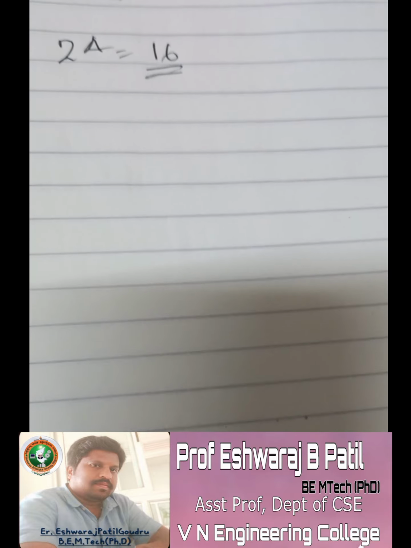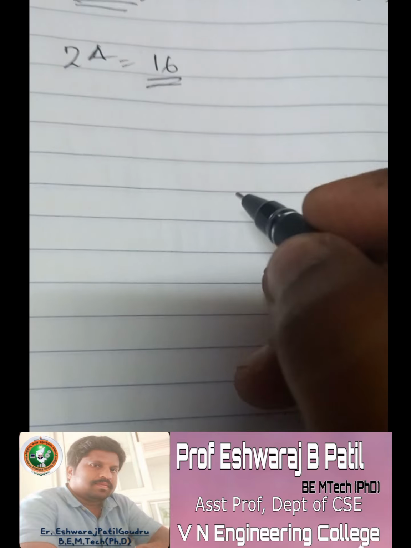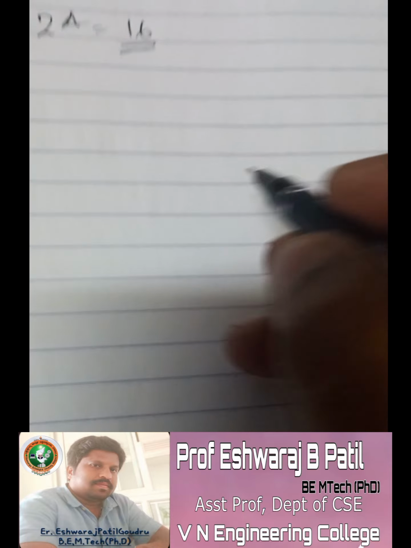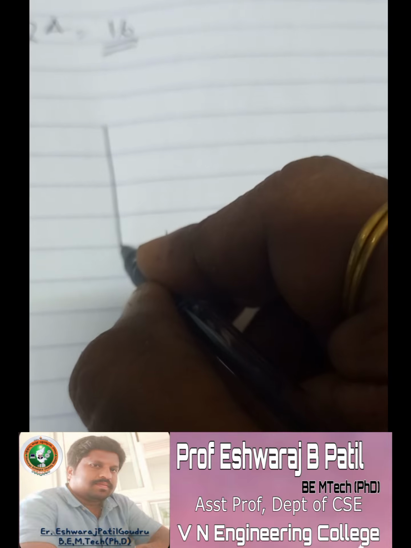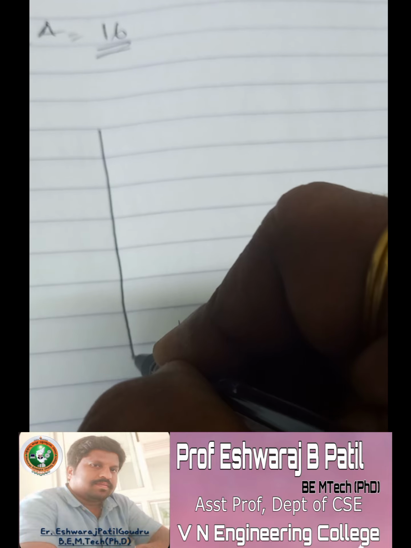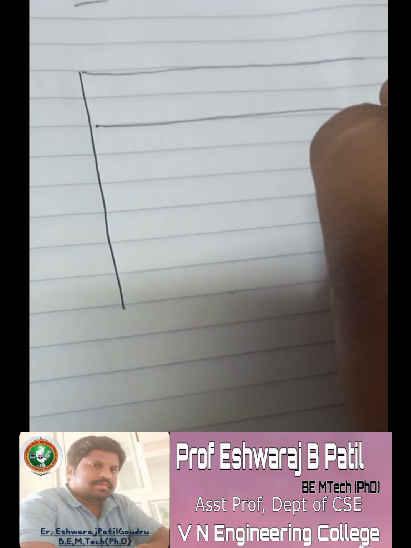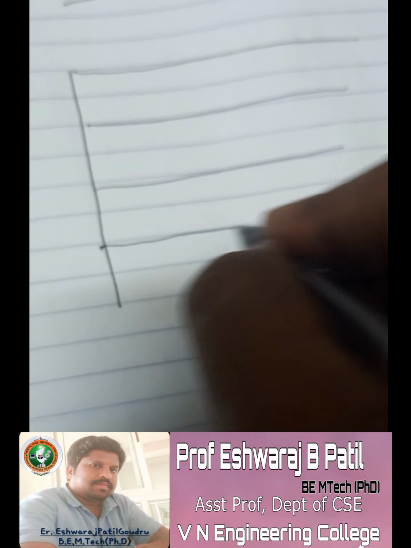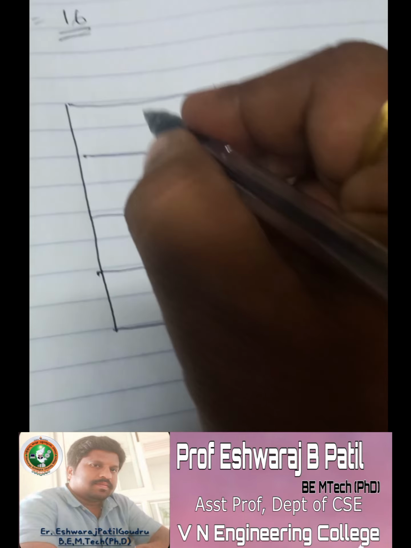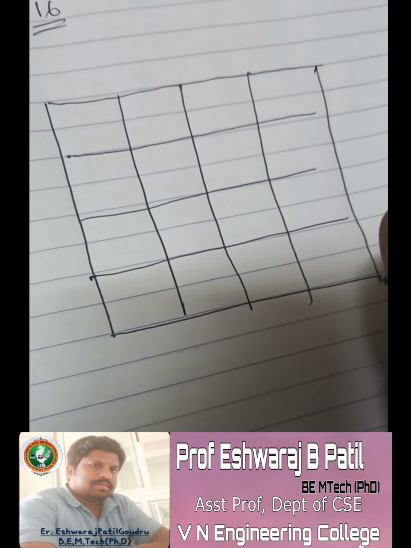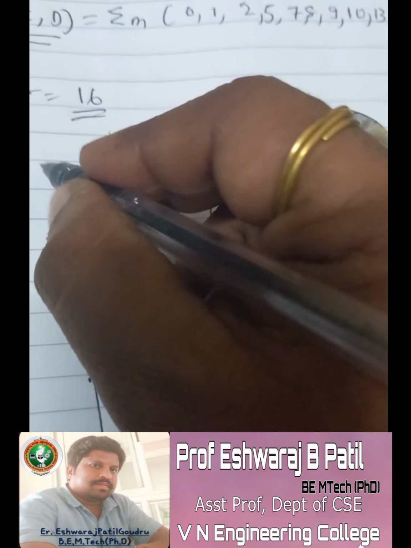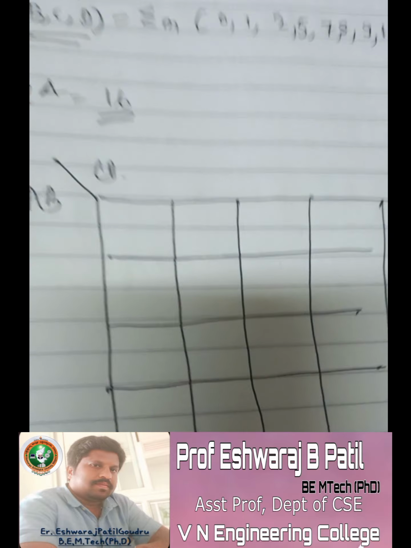Let me design the 4-variable, 16-cell K-map. A and B are on the row side, C and D are on the column side.